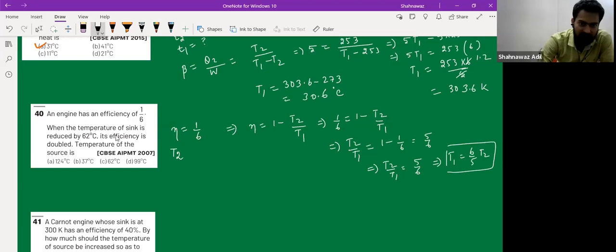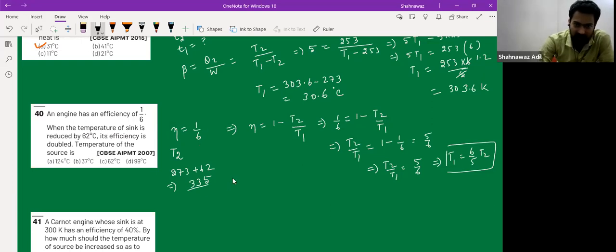When the temperature of the sink is reduced by 62 degrees Celsius, which means by how much? So 273 plus 62 is 335, right? So it is reduced by 62, and its efficiency is doubled, right?